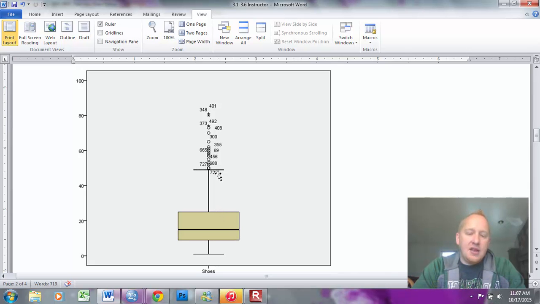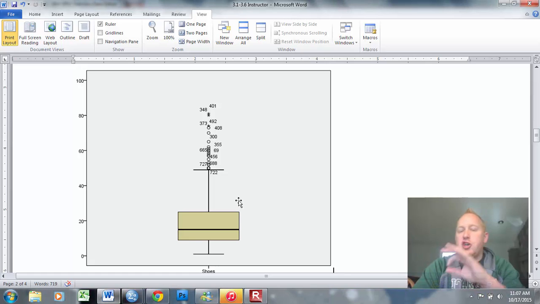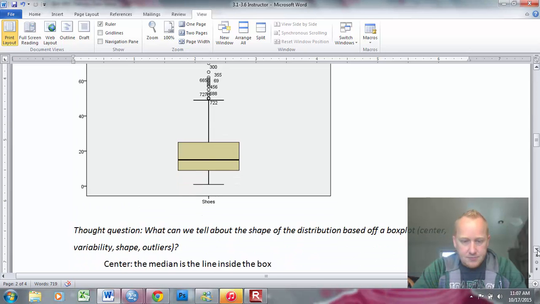And then anything that is more than 1.5 of these distances away, they consider an outlier. So this guy right here is just past 1.5 of these away from Q3. You don't need to know that. SPSS just tells us what the outliers are.